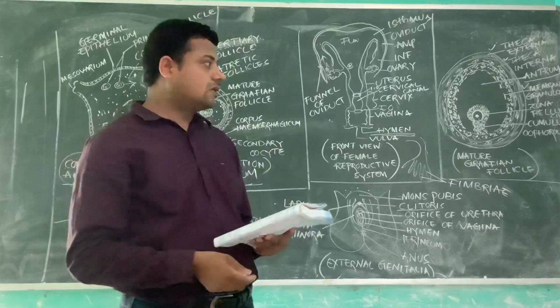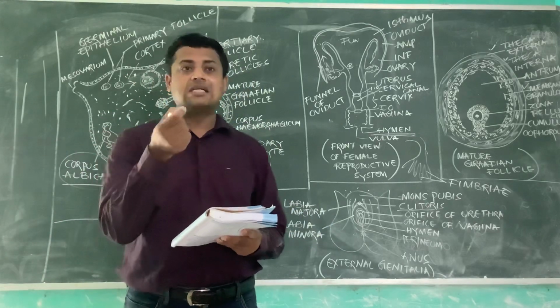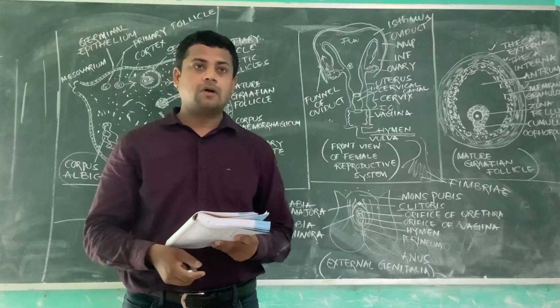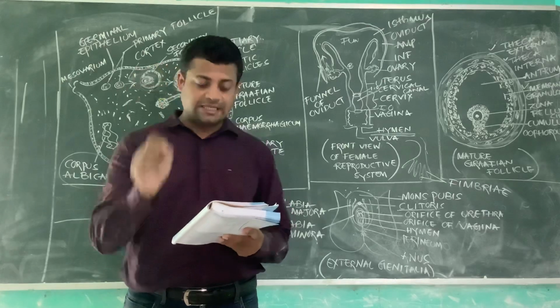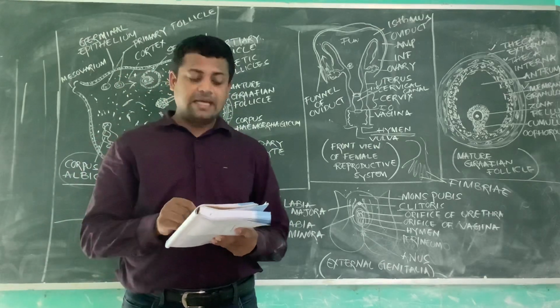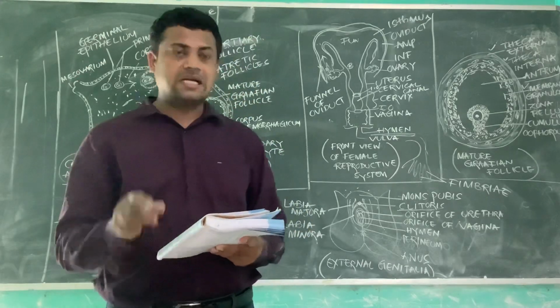So the mammary gland or breast contains a multiporous tip called the nipple. A circular pigmented area called the areola is also present around it.